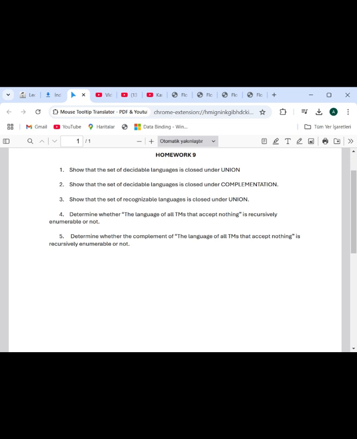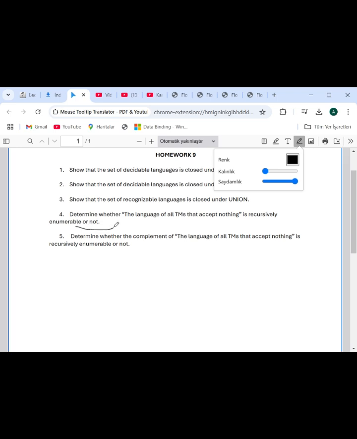So this is not recursively enumerable. This is the direct connection to the undecidability of the halting problem, which prevents any algorithm from enumerating these Turing machines. This is the answer: not recursively enumerable.